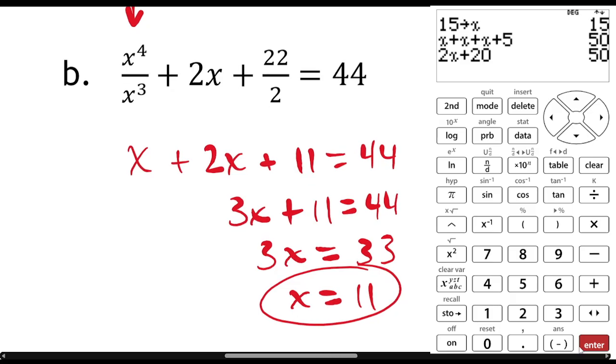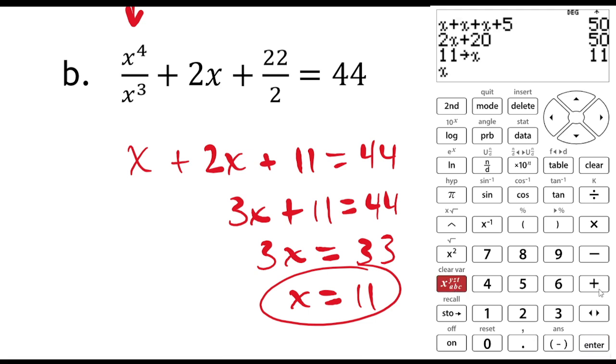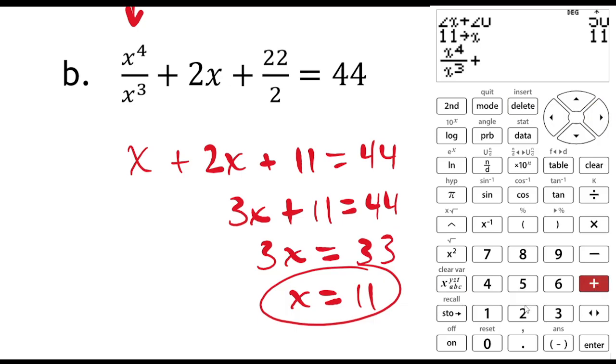I don't know why, I feel like maybe I glitched there. So I want to check that. I'm going to take 11 and store that as x. Boom. And now I'm just going to compare, let me enter the original problem. So a fraction, I had x to the power of 4 over x to the power of 3, plus 2x, and then plus 22 halves.